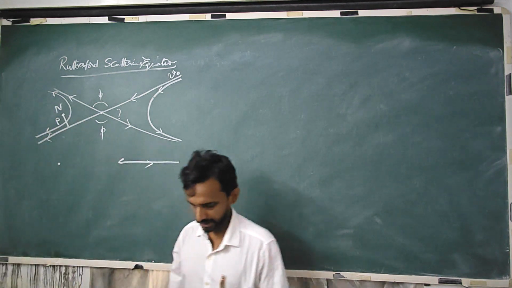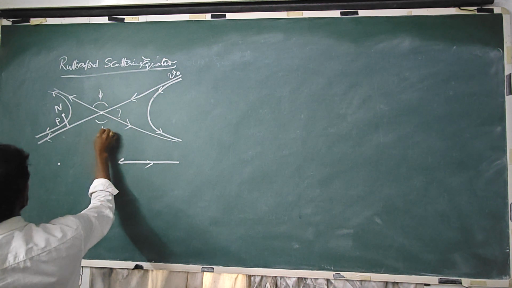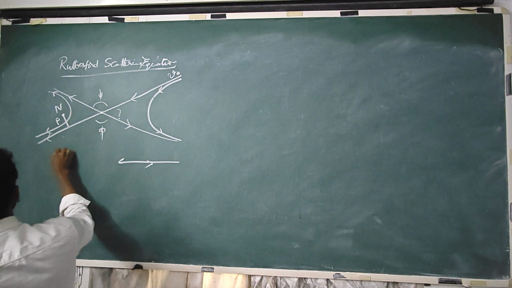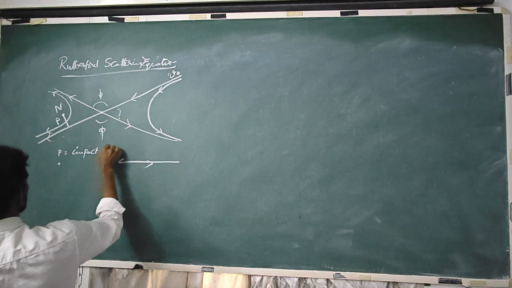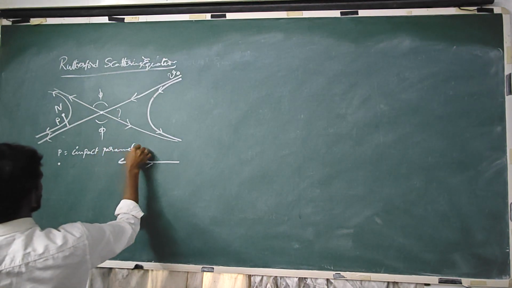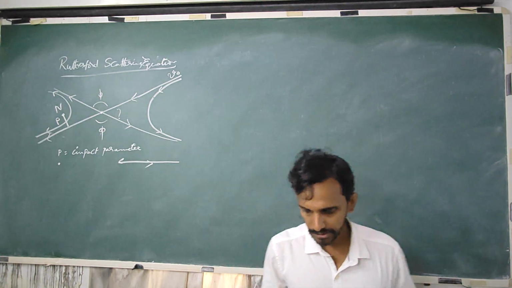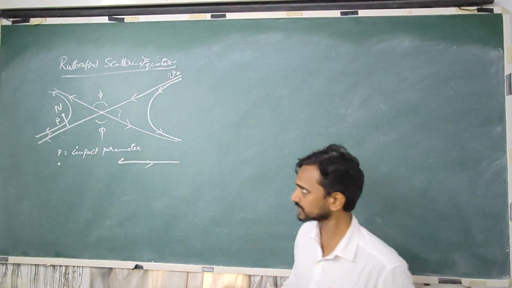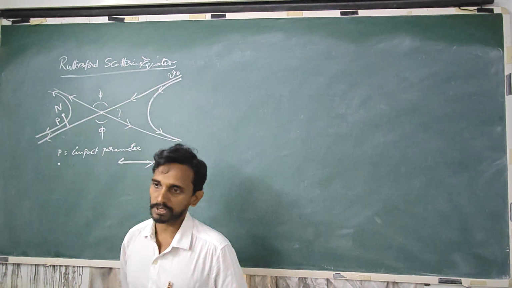I'm defining a parameter called p. p is the impact parameter. Impact parameter means the perpendicular distance between the nucleus and the incident particle.